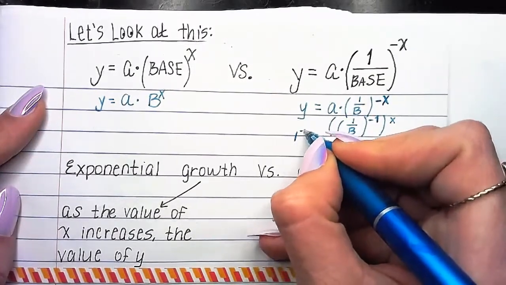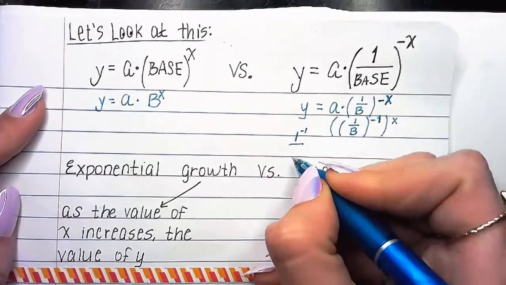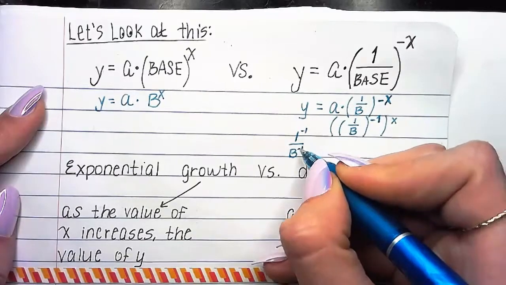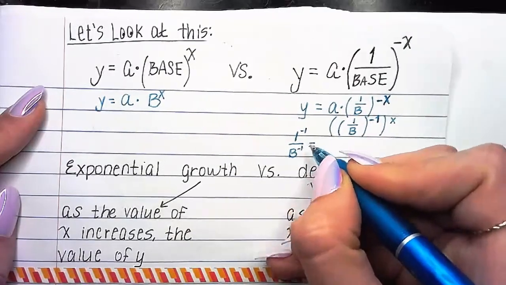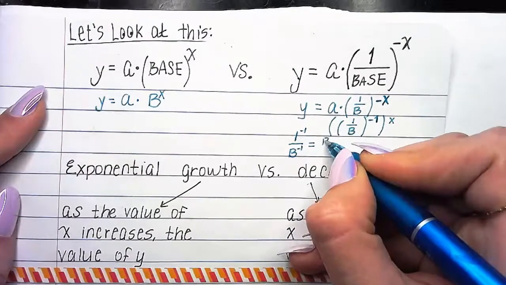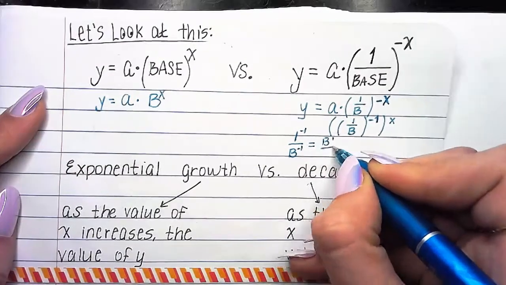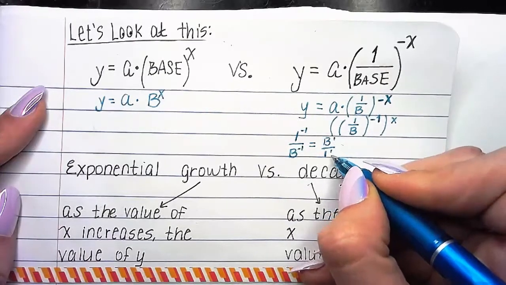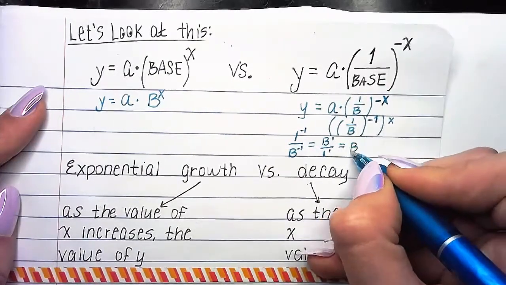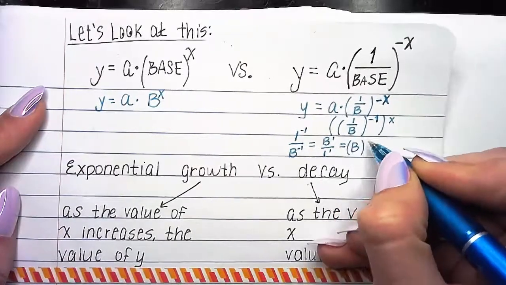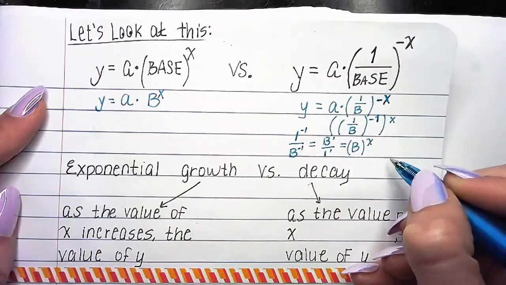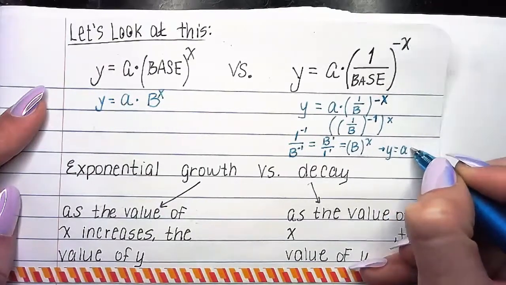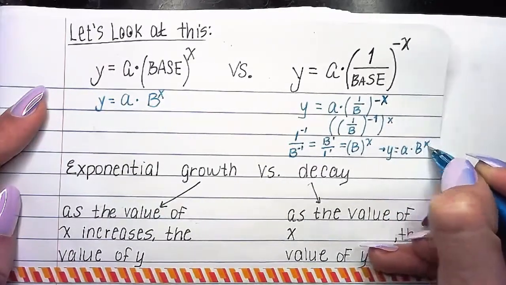1 to the negative first power is always going to still be 1. And b to the negative first, anything to a negative power, we could just relocate it from the denominator to the numerator, and it becomes positive. We could even move that 1 down and make it positive also. That becomes b to the first over 1 to the first, or b. That means we just have b to the x in here now. So in conclusion, we have y equals a times b to the x.